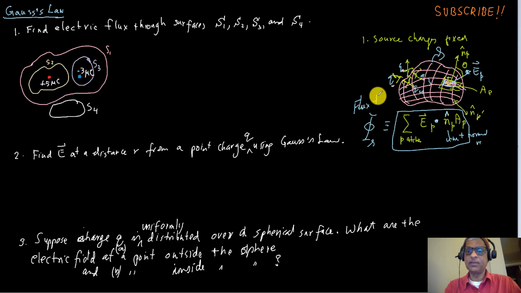Flux through the surface S. And it turns out this flux doesn't depend on the outside charges. This is outside S. It only depends on the inside charges and doesn't depend on where the charge is inside.